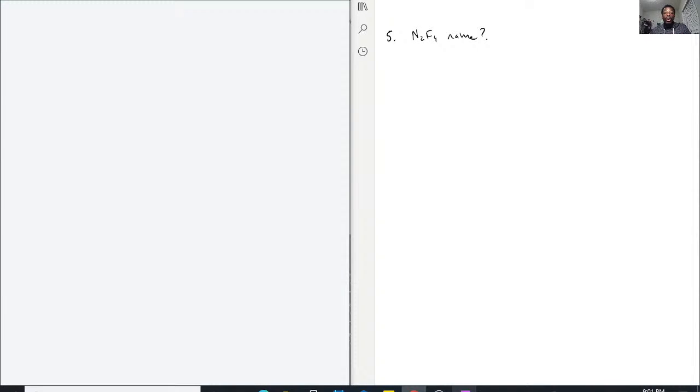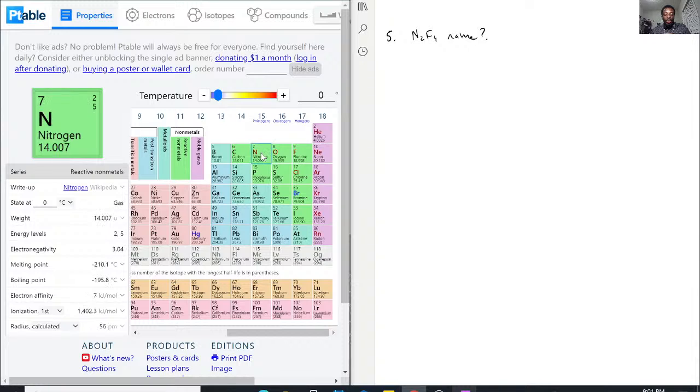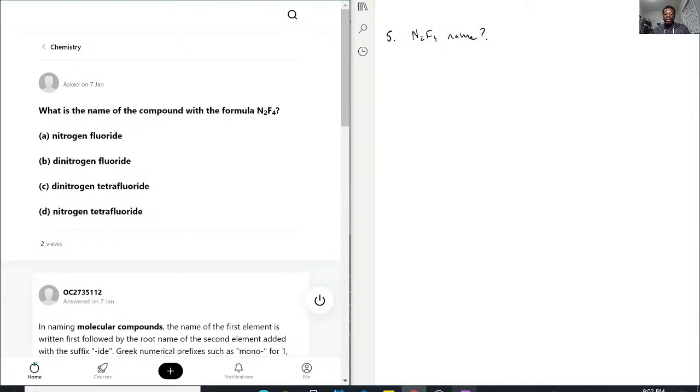So according to the periodic table, nitrogen and fluorine are both reactive non-metals, okay? With that being said, this does change our naming quite a bit. We will still have nitrogen and fluorine.